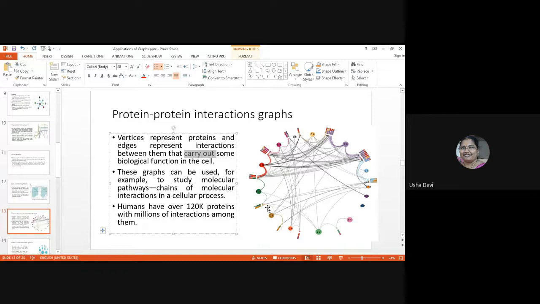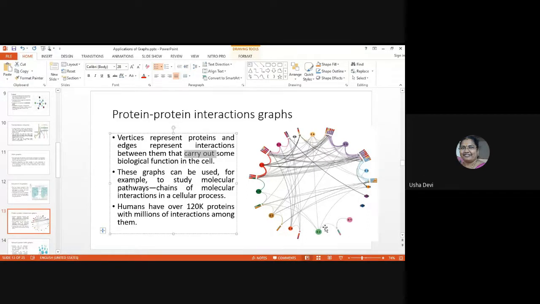This diagram says there are so many cells, C1, C2, like 12 are there, and they may be positioned in different places. These circles specify cells, and we may have an interaction between one and another, and that is specified by these edges.